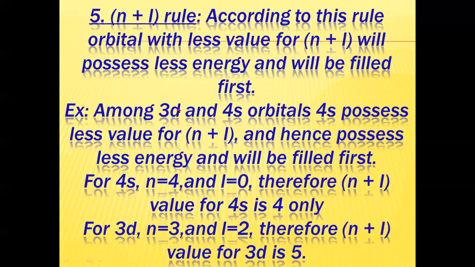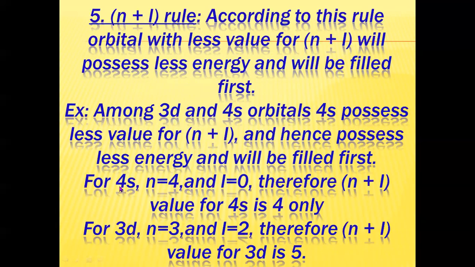Again, we take an example. We have to compare, therefore we are taking two orbitals. When we take two or more orbitals, only then can we compare. So here 3d and 4s are taken. For 3d, the value of n is 3 and the value of l, because it is a d sublevel, is 2. The sum is 3 plus 2, that is 5.